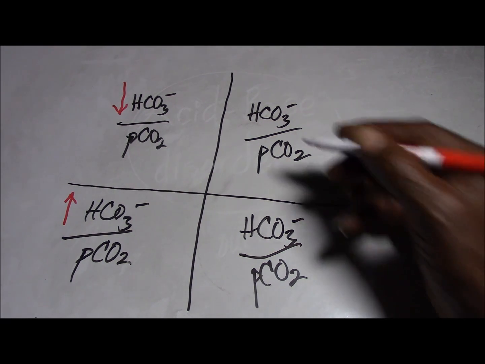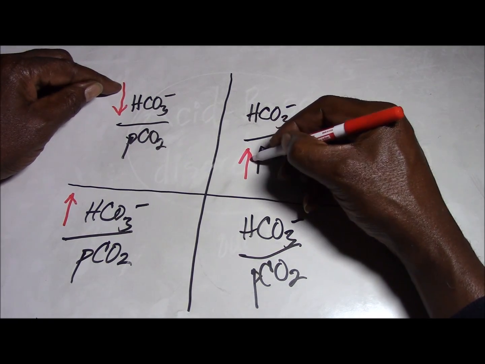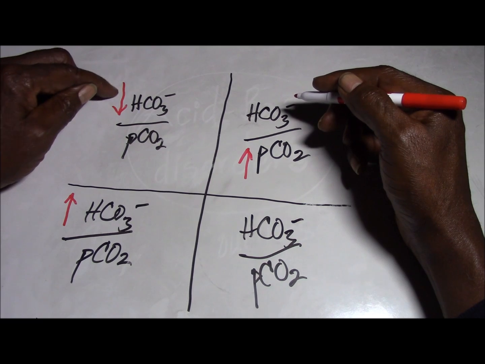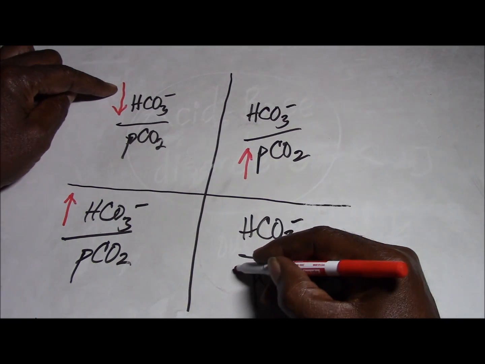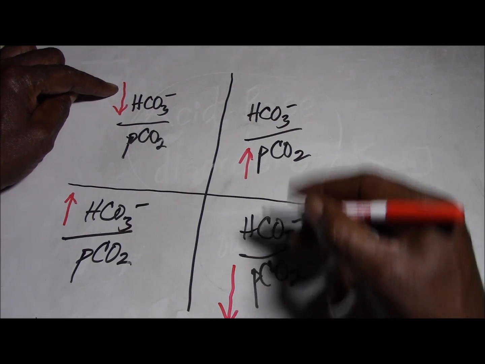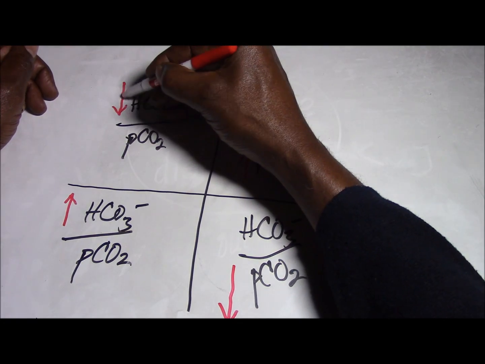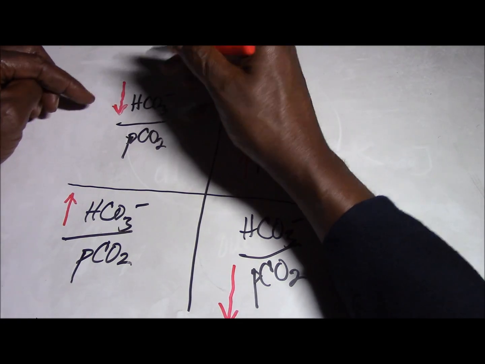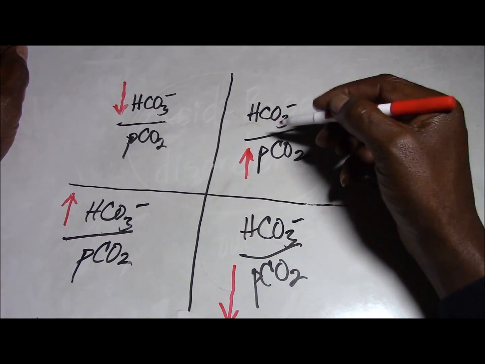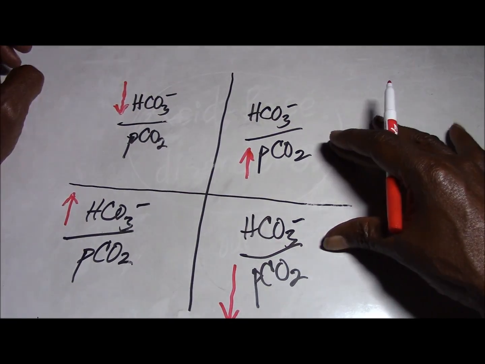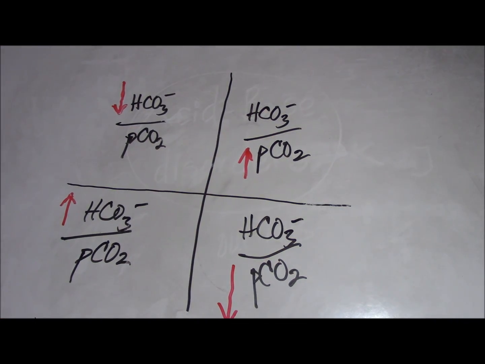So over here, you say up, in the opposite direction to this other arrow, and over here this one will be in the opposite direction to this. So here we go. This one is down here, and then this one is up here. In these 2 quadrants, we are dealing with the PCO2.